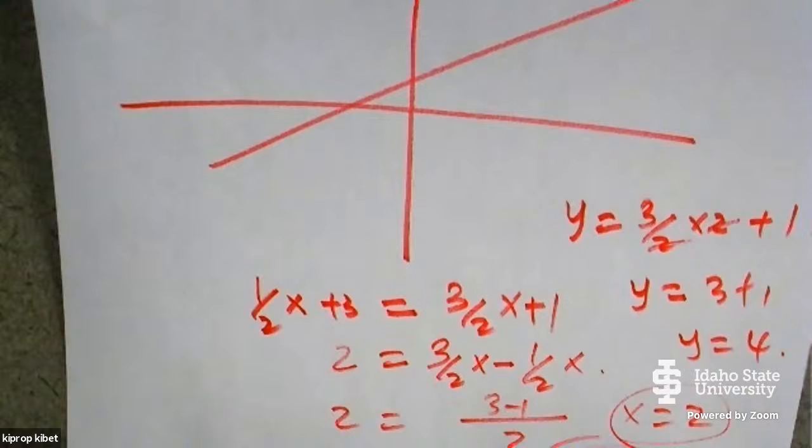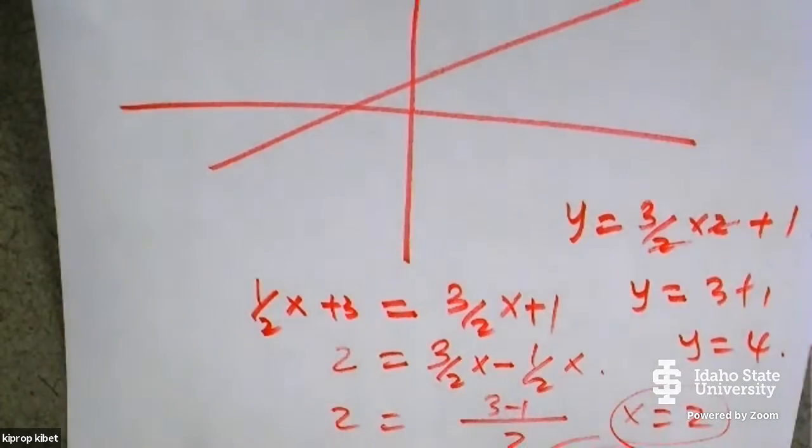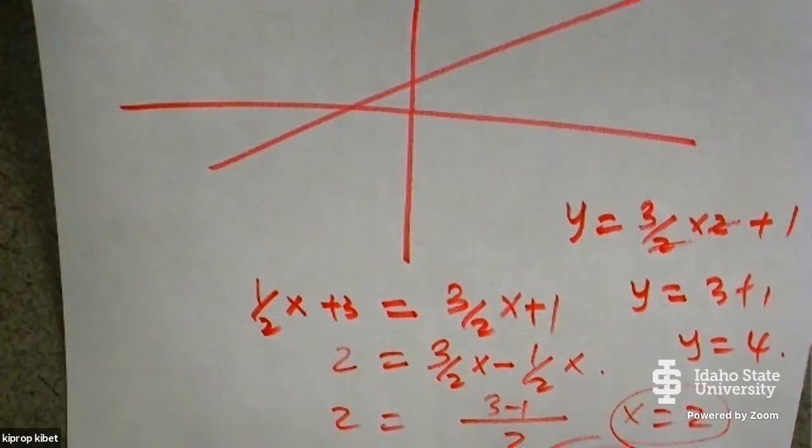And then, is this system consistent, inconsistent, independent, or dependent? First you check whether it's consistent or inconsistent. What did we say about consistency? What did we say about inconsistency? What did we say about independence?